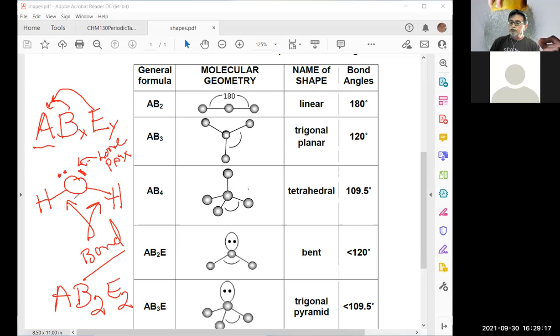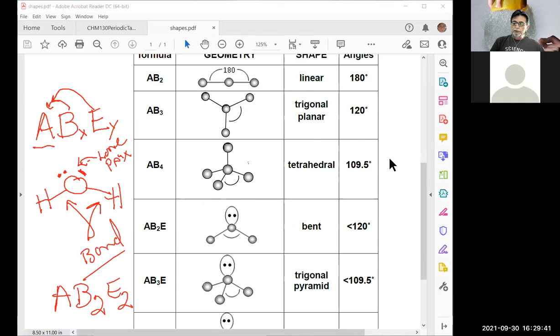B represents the 2 hydrogens. Now, they don't have to be the same element. They could be different or the same. It doesn't make any difference. They just show how many B's are attached to A. So in this case, there's 2. And then oxygen has 2 lone pairs. So the general formula for water would be AB2E2.